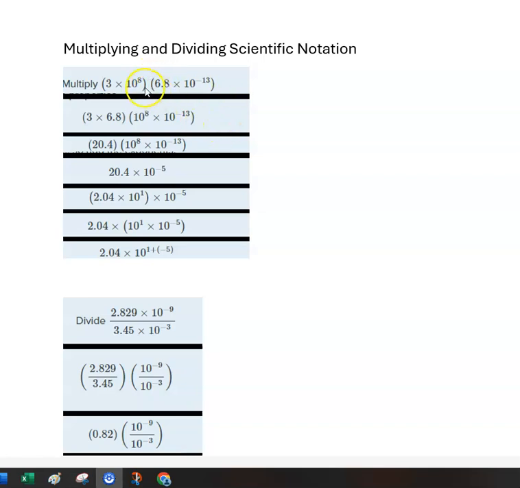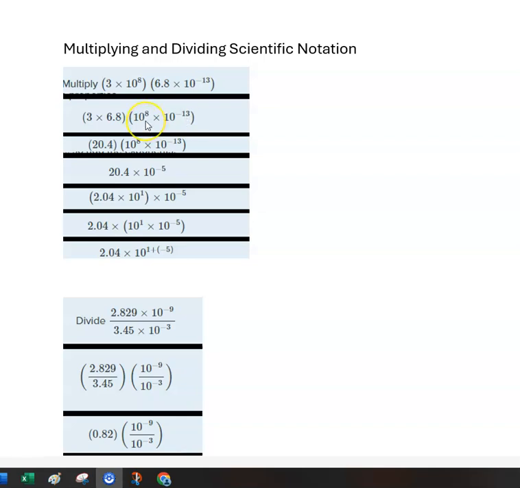So the first thing you do is multiply just the numbers that are to the left of the times symbol. So I'm doing 3.7 times 6.8. I'm going to write it down exactly the way I see it in the calculator, 20.4. Then I'm multiplying 10 to the 8th and 10 to the negative 13th.